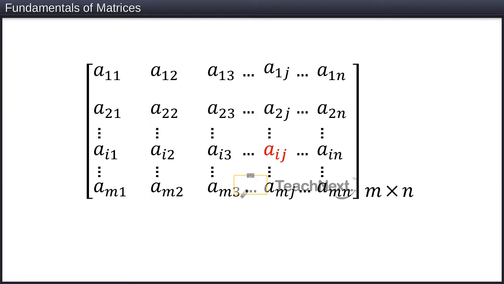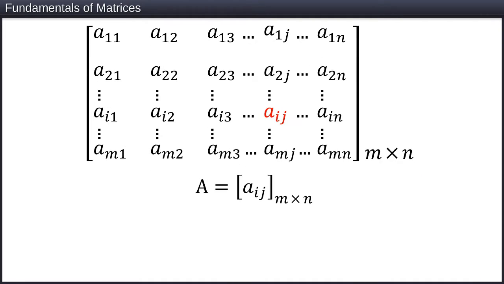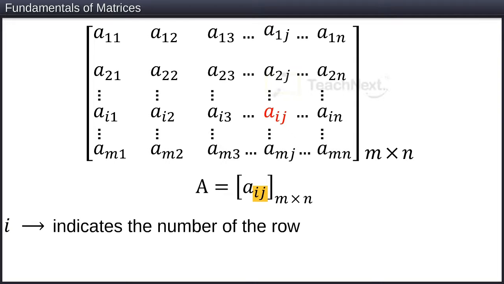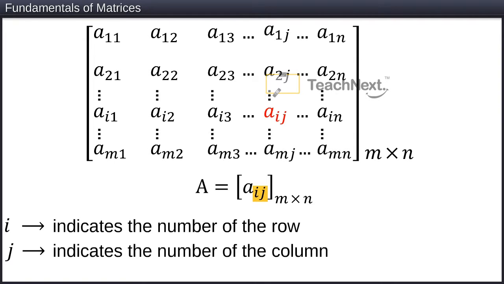On generalizing, any matrix can be considered as a rectangular array of elements with m number of rows and n number of columns. The alternative representation of the matrix is as shown. The subscript ij for the element a indicates the position of each element in the matrix. i represents the row and j represents the column where the element is located.